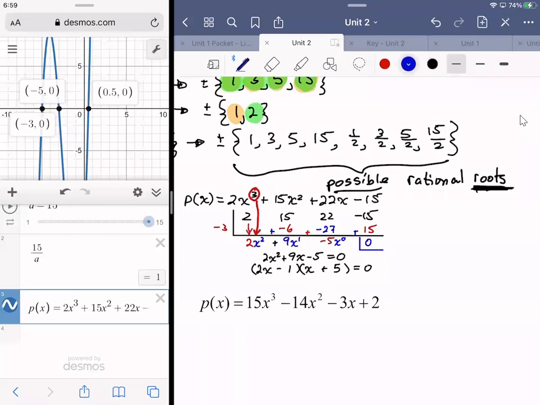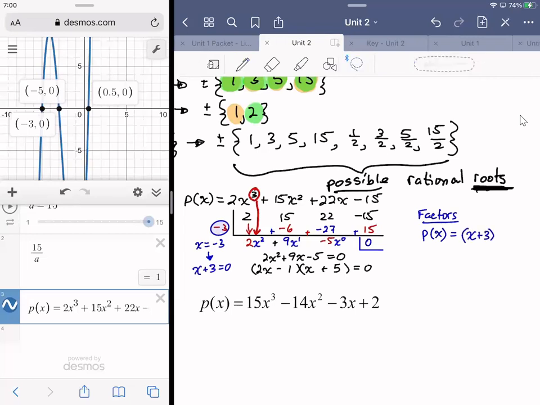So you could actually just pull your factors from this. P of x is equal to this factor, which we were saying before, we just reverse the sign. Instead of x equals negative 3, we would write that as x plus 3 equals 0. So the corresponding factor is x plus 3.